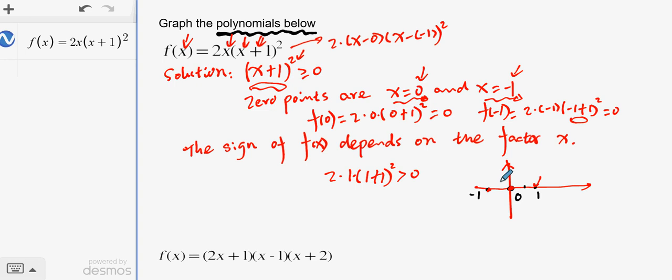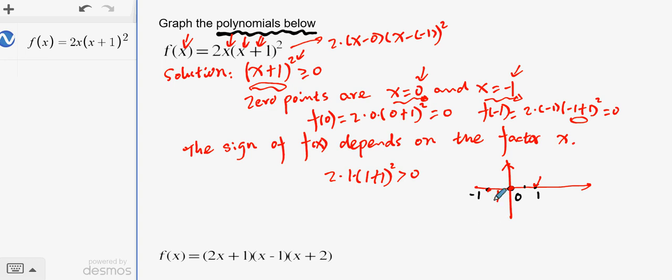But when you plug in a value here, let's say negative 0.5, you should get negative because, let me erase this one, and erase more.